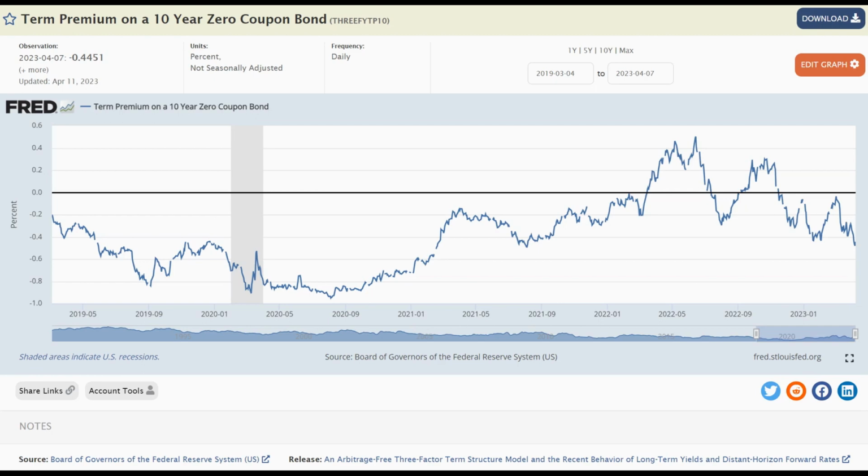The market is basically disagreeing that interest rates will be held at these, let's call it, extreme levels for a long time.